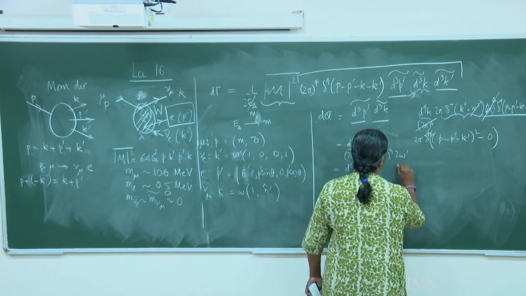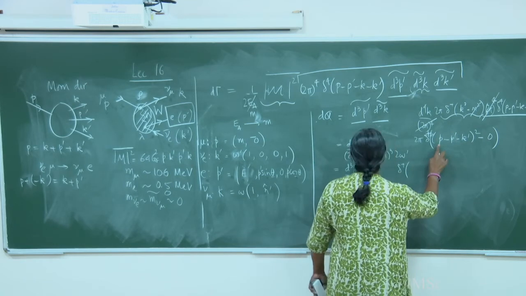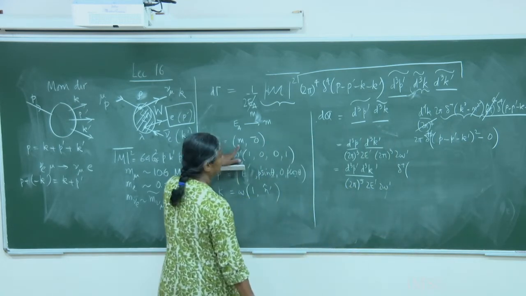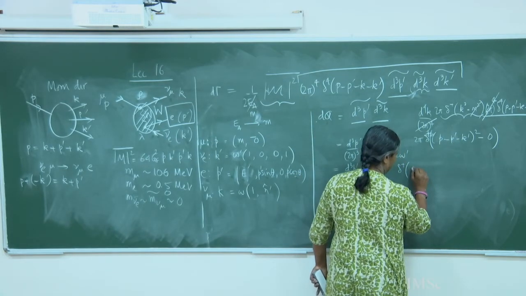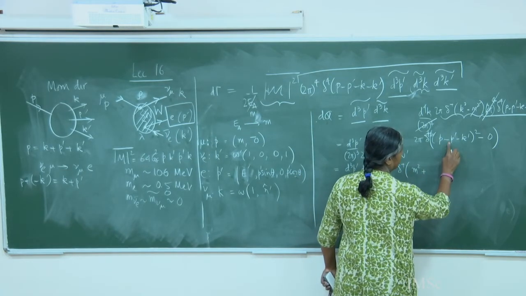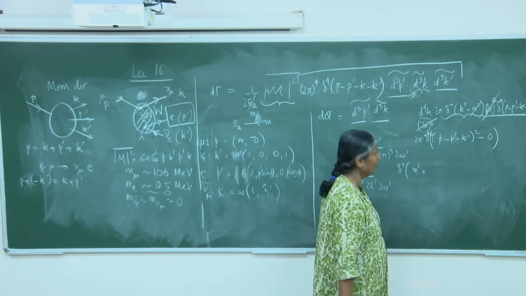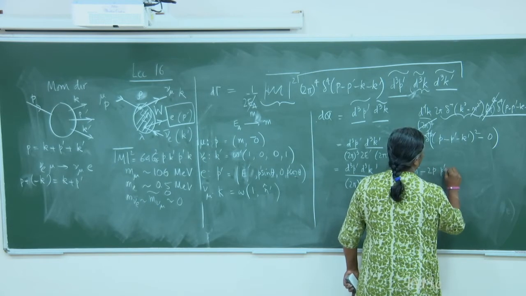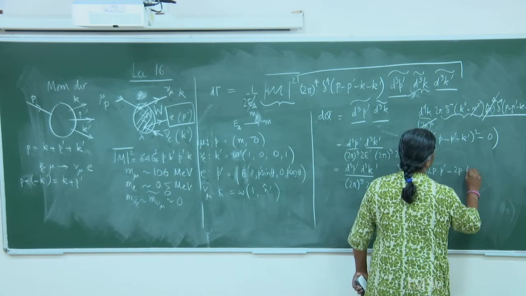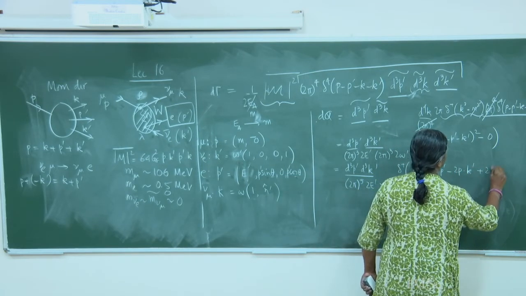Now let's look at the delta function. p² is m². So (a − b − c)² is a² plus b² plus c²; k′² is 0, minus 2p·p′ minus 2p·k′ plus 2p′·k′.